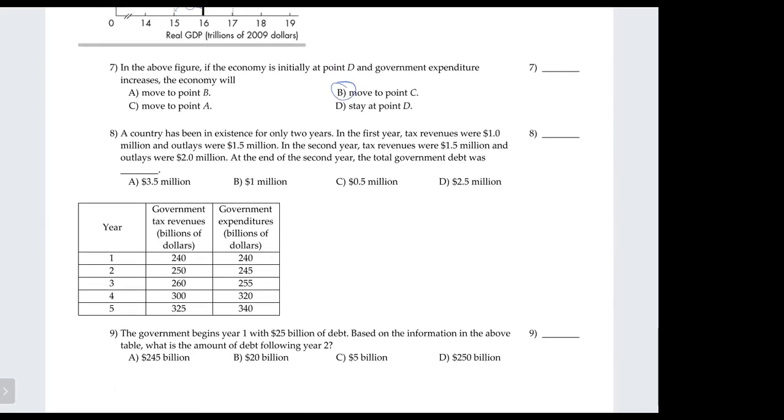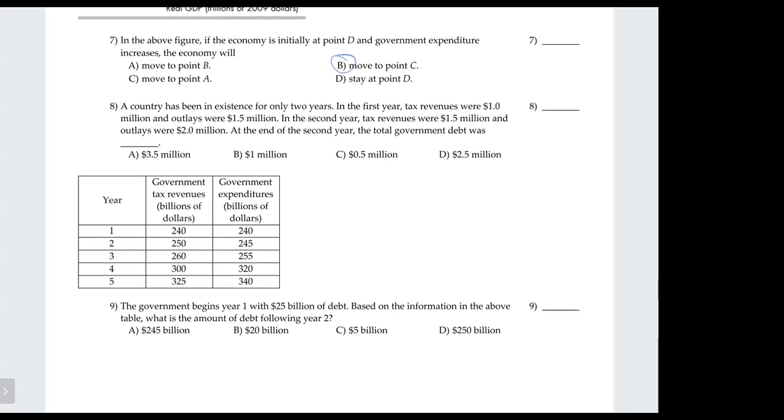8. A country has been in existence for only 2 years. In the first year, tax revenue was 1 million. Outlay, which means government expenditure, is 1.5 million. Second year, tax revenue 1.5, outlay is 2. At the end of the second year, what is the total government debt? The easiest way to look at it is to find out total expenditure minus revenue.